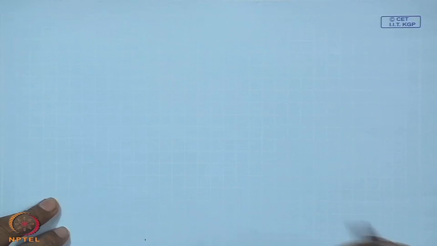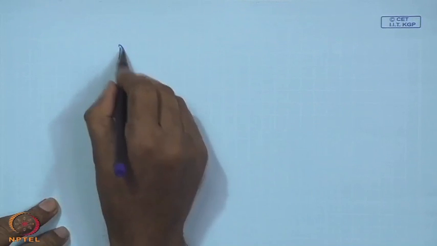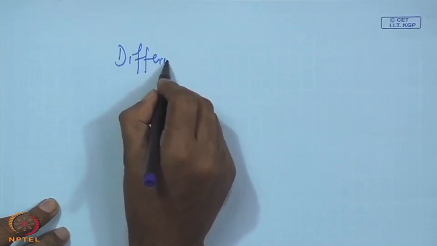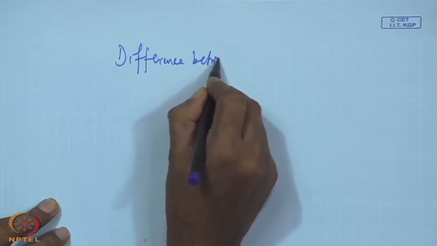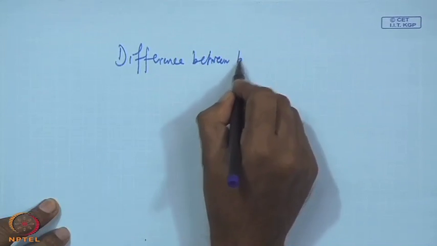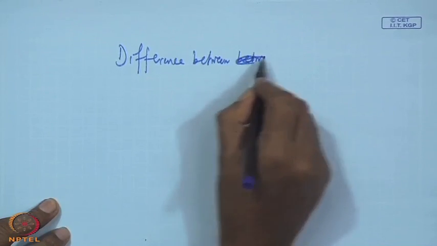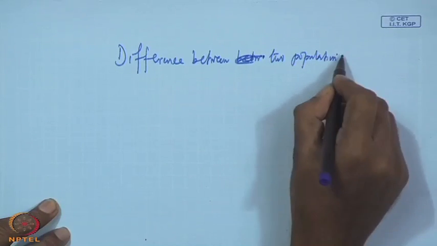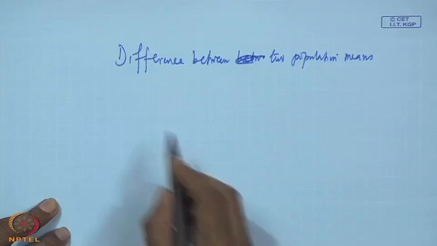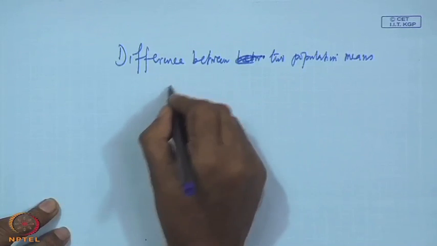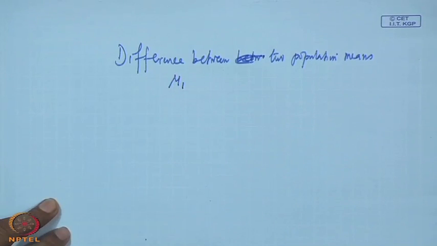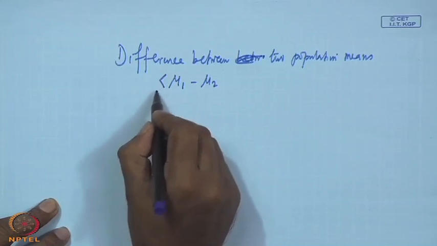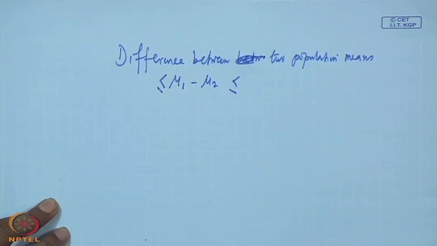For example, you are now creating one variable here: suppose you want the difference between two population means. If population 1 has mean mu 1 and population 2 has mean mu 2, you want to find a confidence interval for mu 1 minus mu 2.